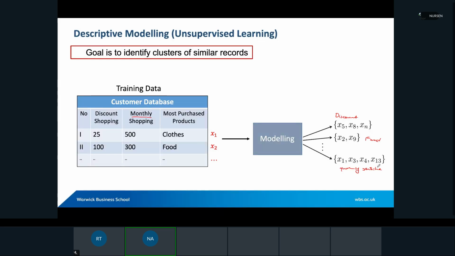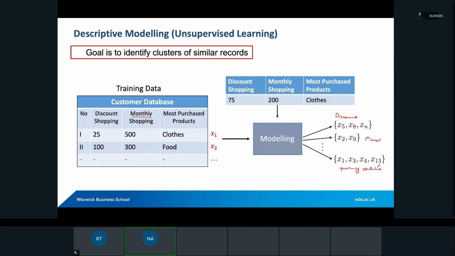Our overall aim is to see how these features lead to different customer segments. And when a new customer arrives in the future, when we observe how much they spend on shopping, on discounts, how much they spend monthly, and what they purchase most, we are trying to identify where they are located so that we can organize targeted promotions or advertisements to these customers.